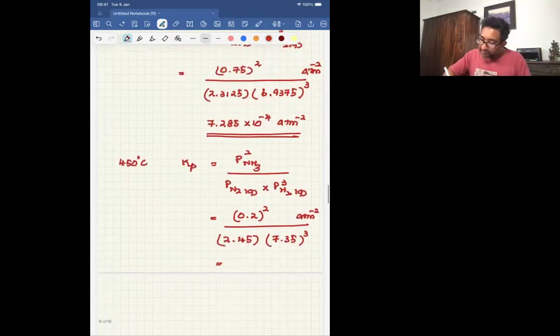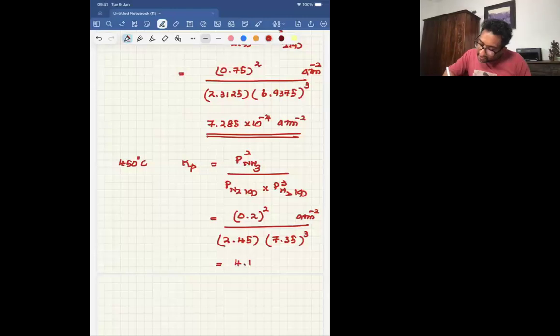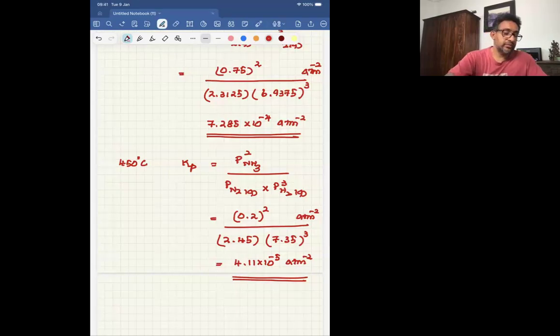That is 4.11 times 10 to the power minus 5 atm to the power minus 2. See whether you all get those answers.